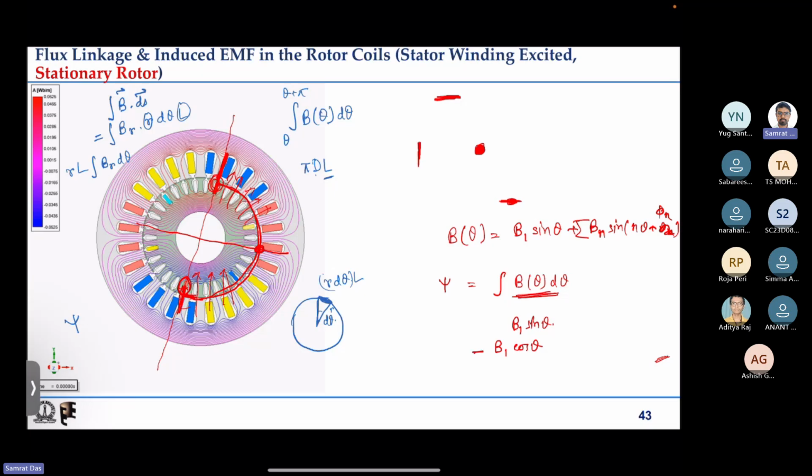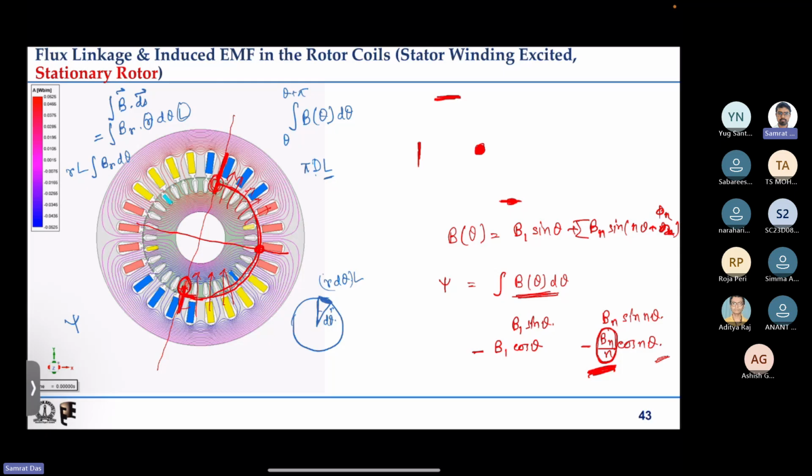If it is Bn sine n theta, then the integration will become minus Bn by n into cos of n theta. So you can see that because of integration, the amplitude gets divided by the harmonic order, that is n.